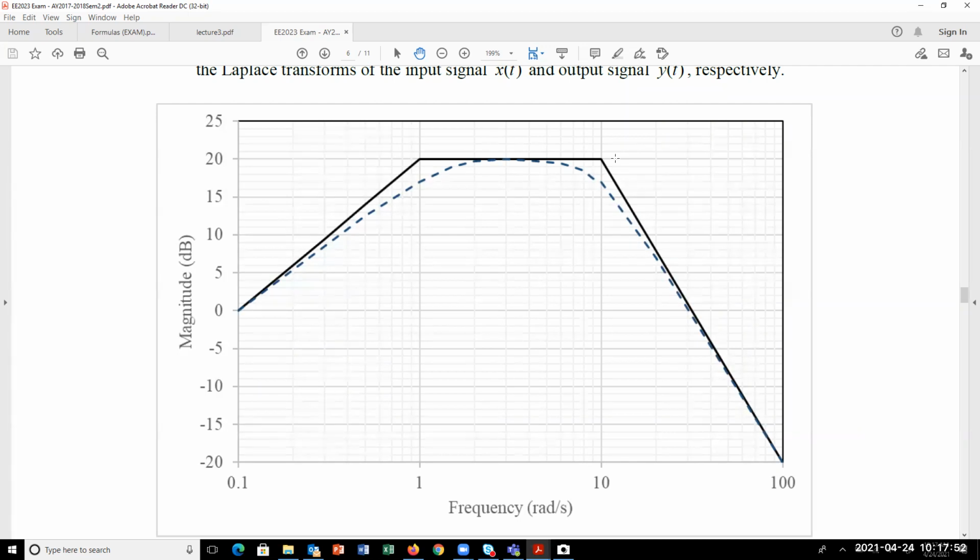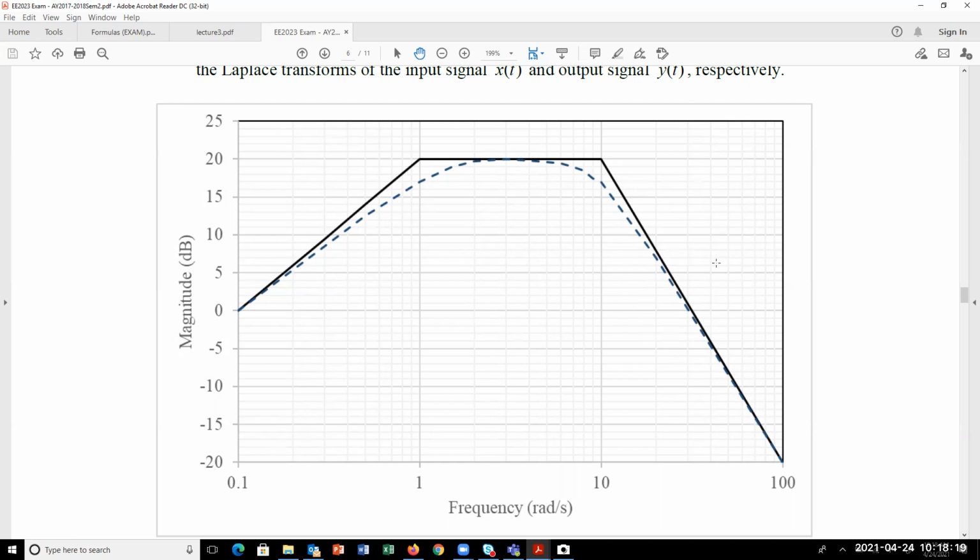But it still changes over 2 decades, from 0 to minus 90 at the corner frequency, to minus 180 at 10 times the corner frequency. It's still a sort of Z shape, just that the change in phase is double because of the repeated pole. That's the only difference.